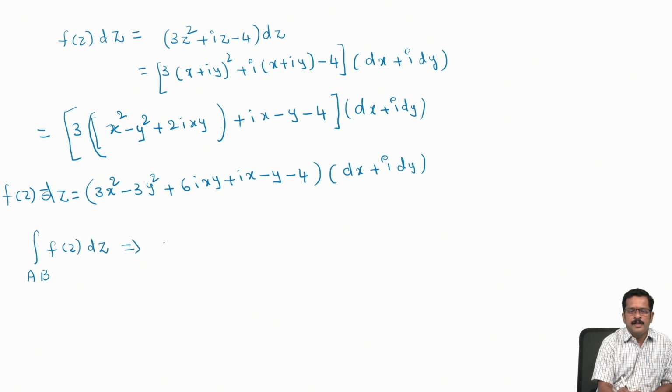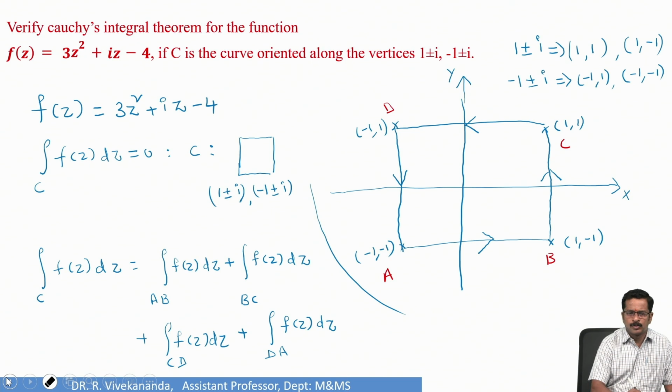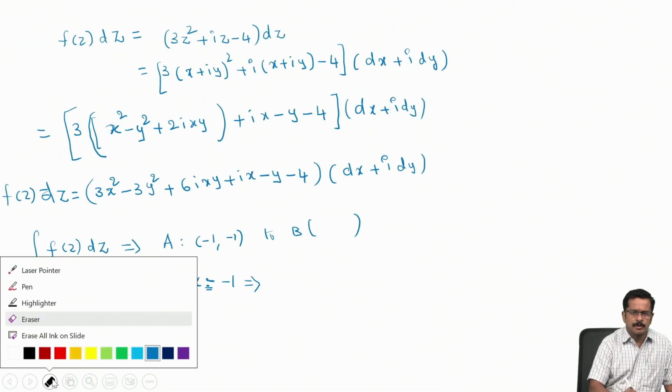So from this, A means what? The point minus 1 comma minus 1 to the point B. Sorry, B is 1 comma minus 1, I will correct it here.